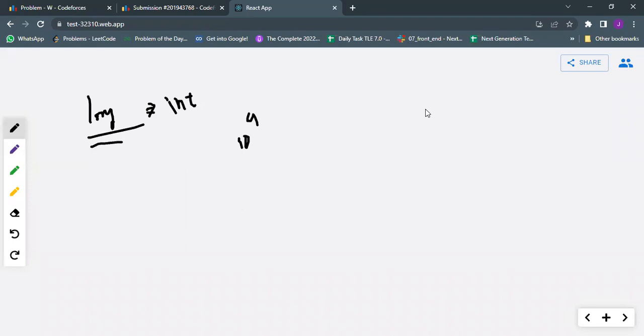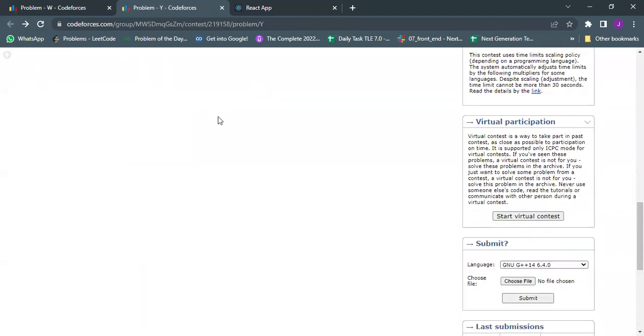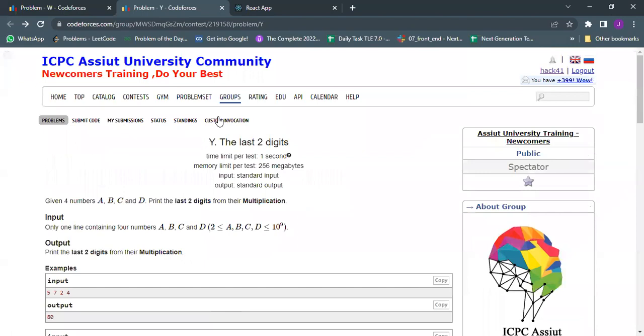Then can you please show the code for the first problem once again for a second? Okay, don't worry, I'll share all three codes after this session. So if anyone has a doubt, he or she can ask in any of these three problems.